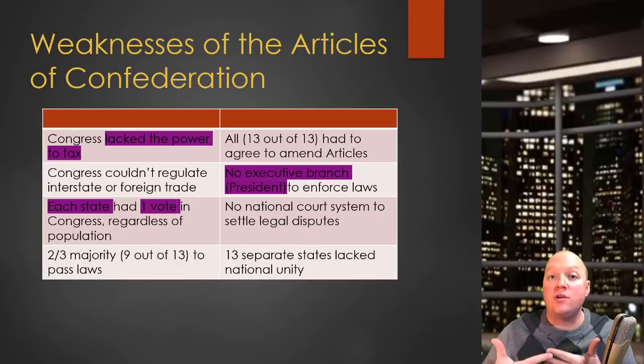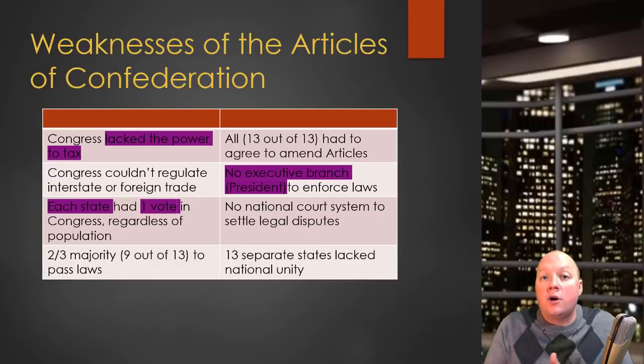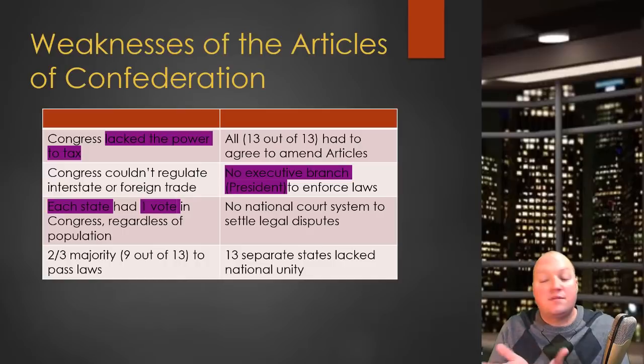But let's say you wanted to change it. You could do that, but it would take all 13 states to say yes. And again, that's impossible, so it never happens. The Articles are never amended because you can't get 13 states to agree on anything. So it's hard to make simple laws, and it's impossible to make amendments.